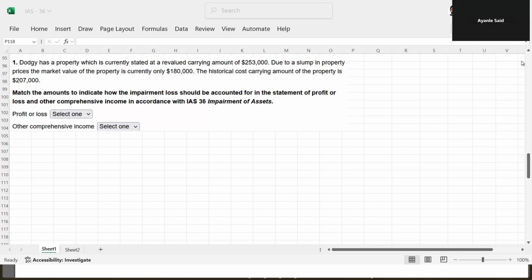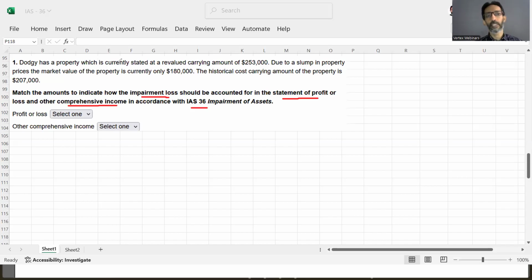So let's understand this one before we move on. Match the amounts to indicate how the impairment loss should be accounted for in the statement of profit and loss. So we're looking at the impairment loss and we're going to see how much will go to the P&L and how much we are going to charge to the other comprehensive income in accordance with IAS 36.